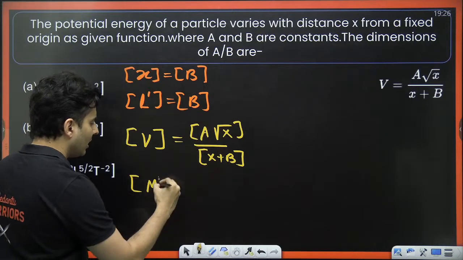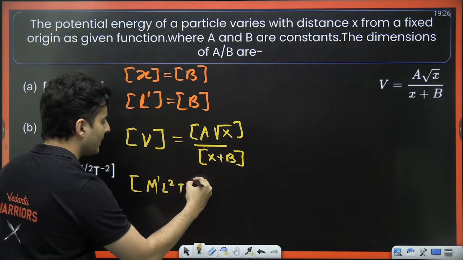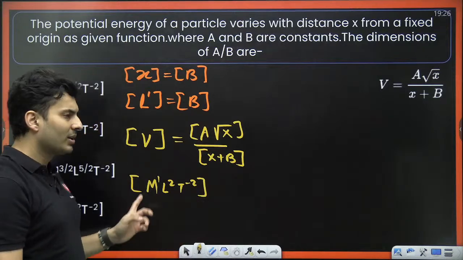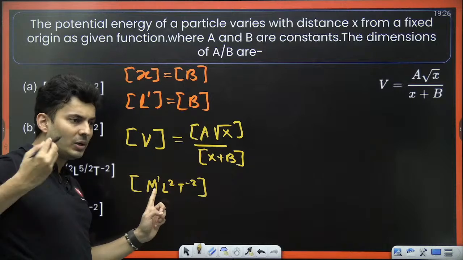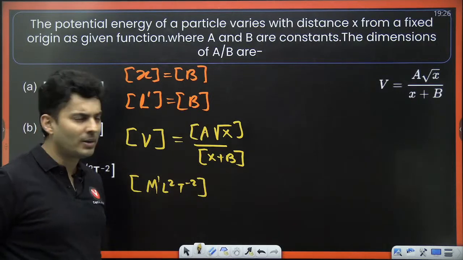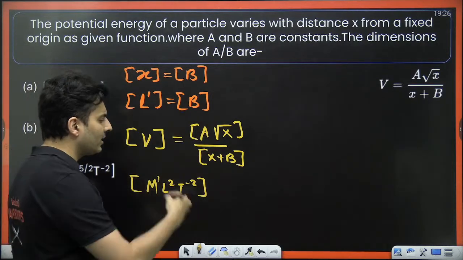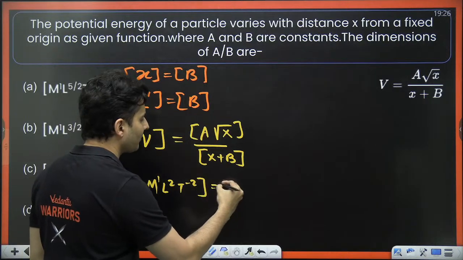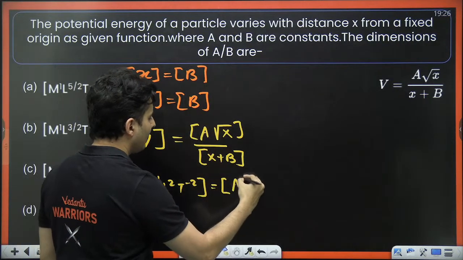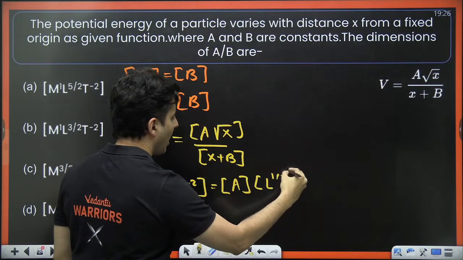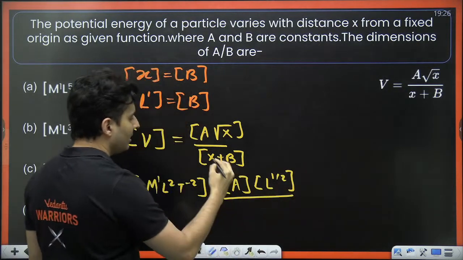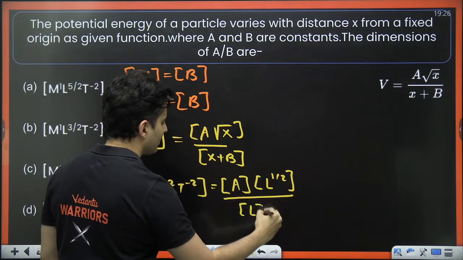Same as work. M raised to 1, L raised to 2, T raised to minus 2. Force into displacement: M L T raised to minus 2 into length. ML square T raised to minus 2 will be the dimension of energy and work, all the same thing. Here, this is the dimension of A. X is in meters, so this is L raised to half. And this bottom thing is again length only, so this is just L.